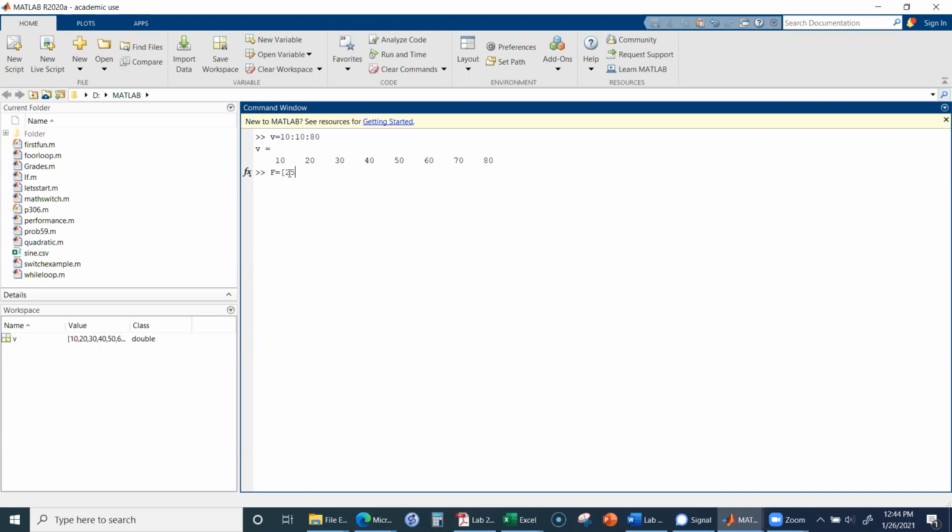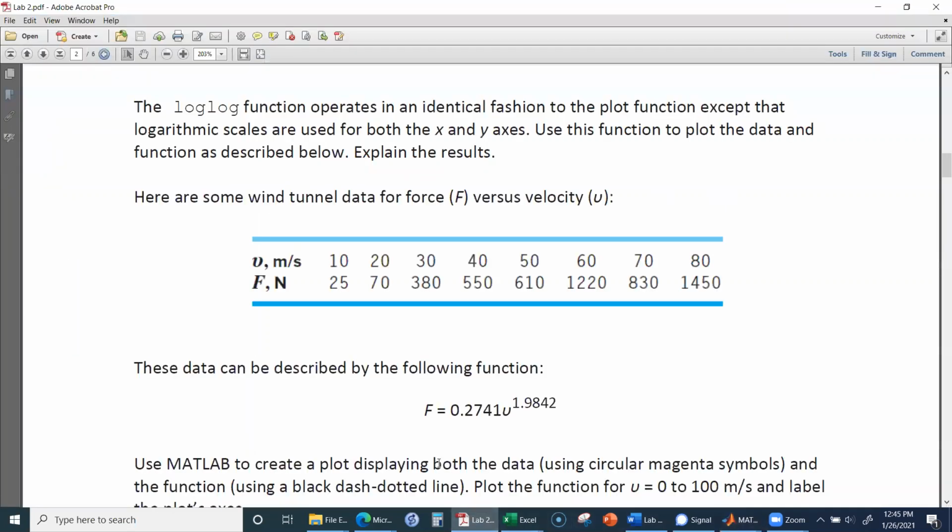So the force will be 25, 70, 380, 550, 610, 1220, 830, 1450. Yeah, so this is the data for the force.